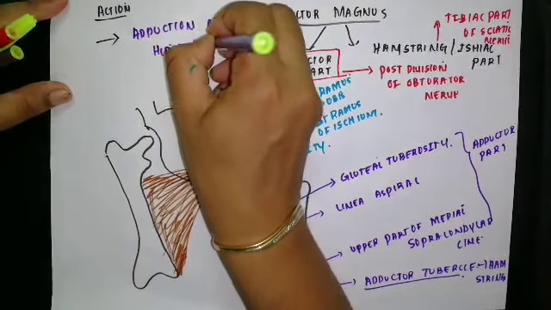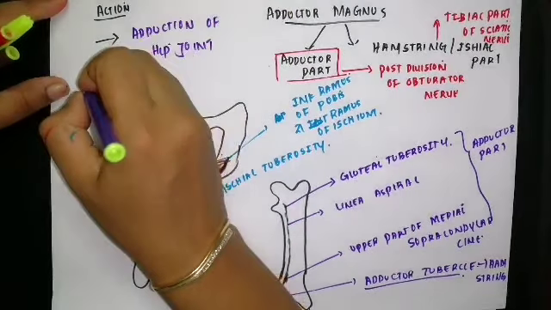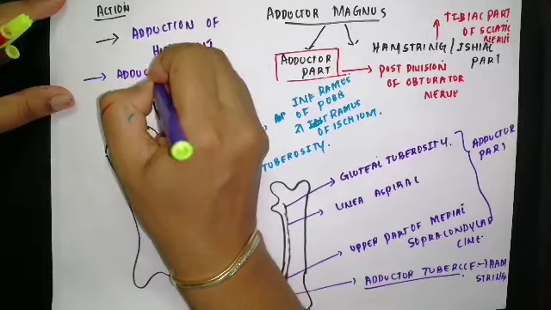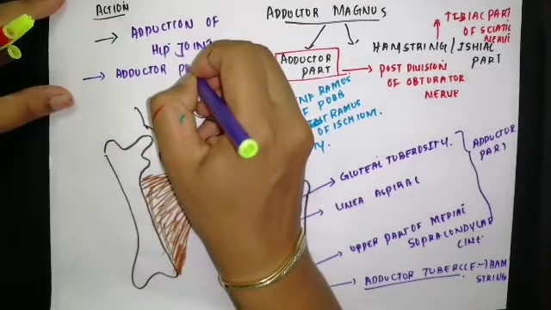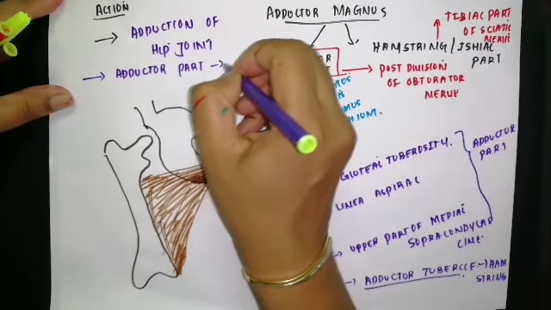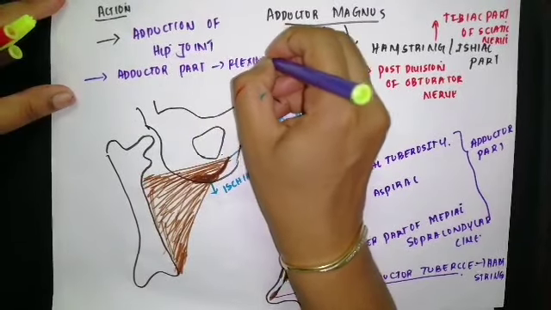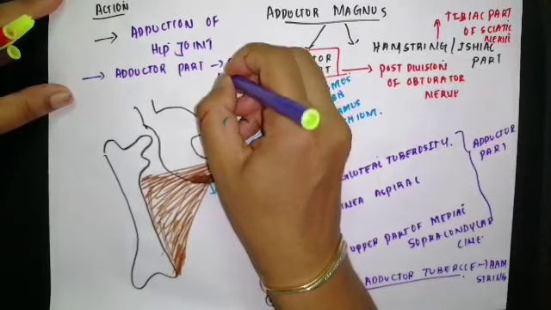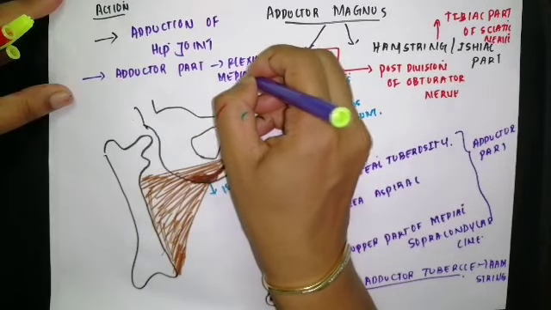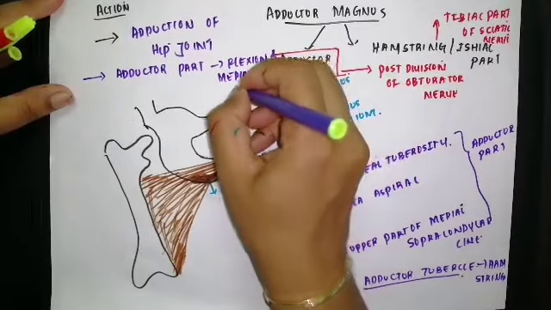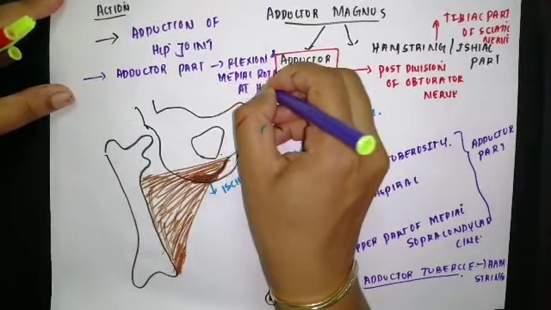The adductor part carries out flexion and medial rotation at hip joint.